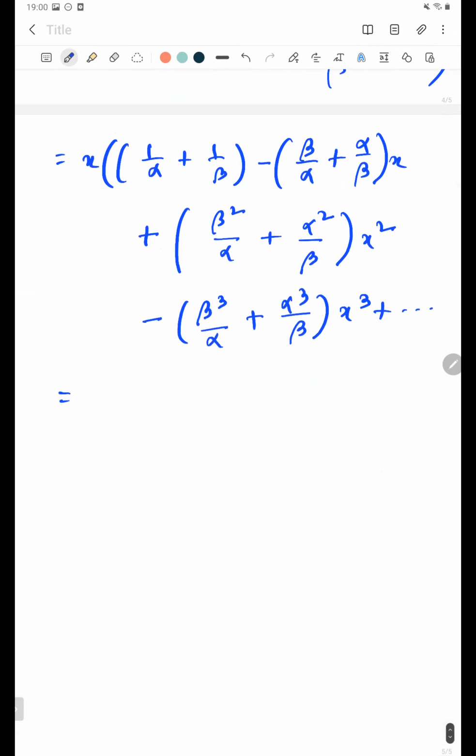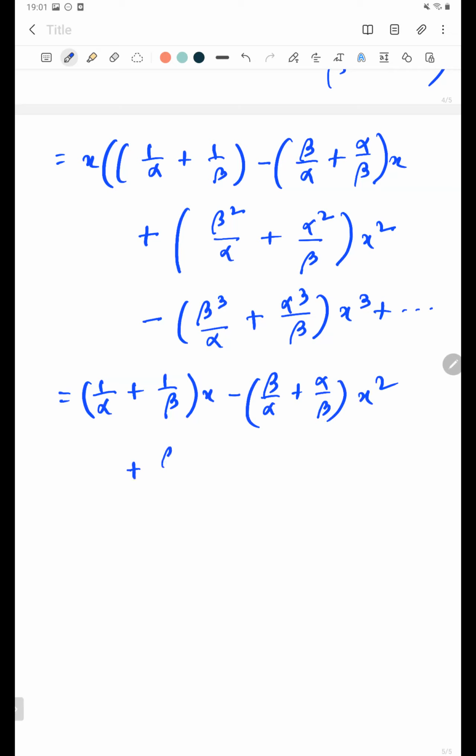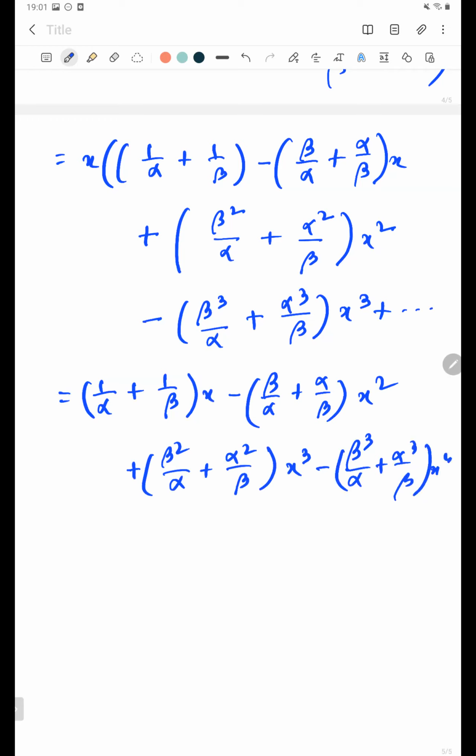This equals 1 by alpha plus 1 by beta x minus beta by alpha plus alpha by beta x square plus beta square by alpha plus alpha square by beta x cube minus beta cube by alpha plus alpha cube by beta x to the power 4 and so on.